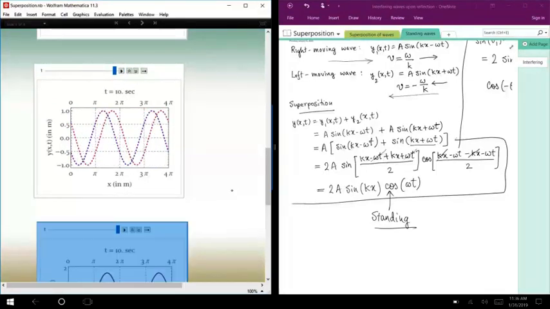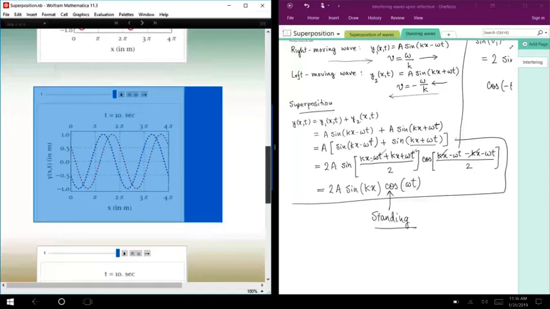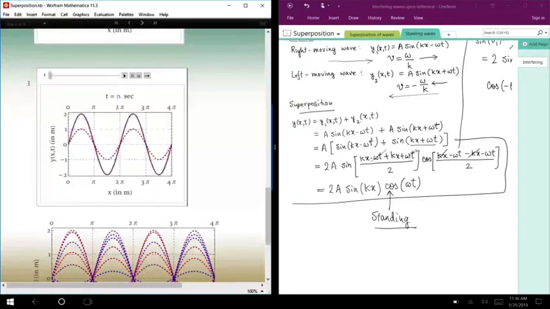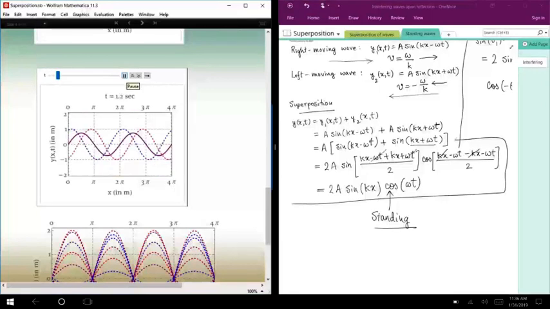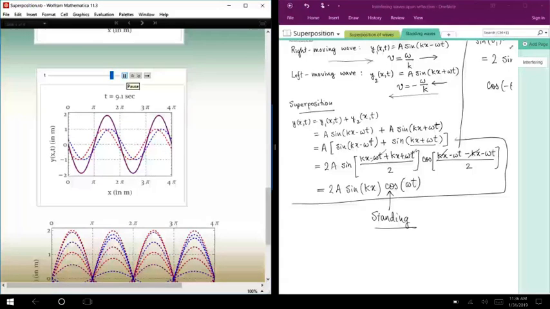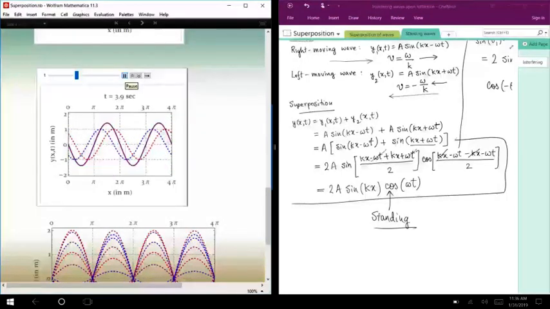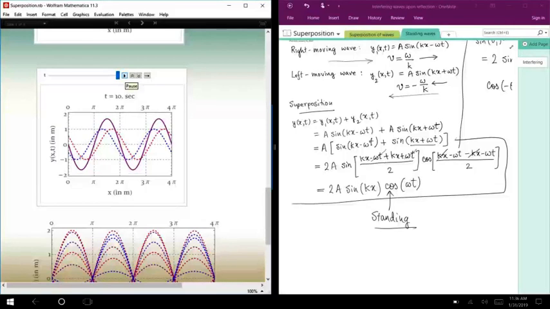And now if we go to our next figure, this is where I will make the two traveling waves interfere, and let's see what happens. So watch carefully the purple curve. The red and the blue curve are moving in opposite directions very clearly, and the purple curve is just oscillating up and down, right?